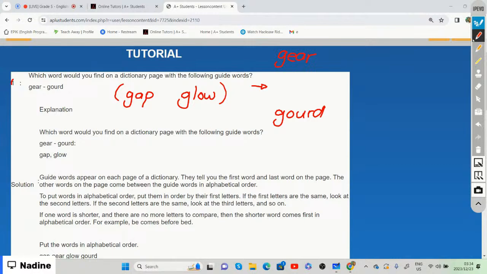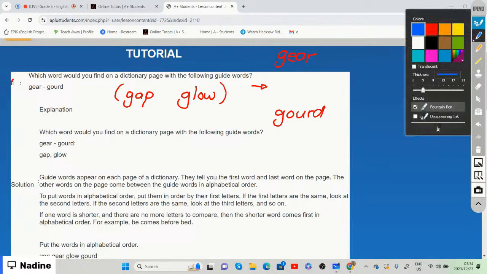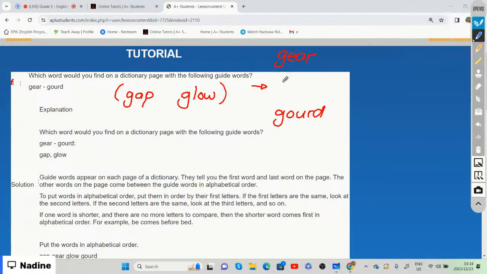All right, so the word that we will find between gear and gourd will be glow. So it will be glow, and the reason why is that if we look at the letters alphabetically, all of these words start with a G, so we look at our second letter.